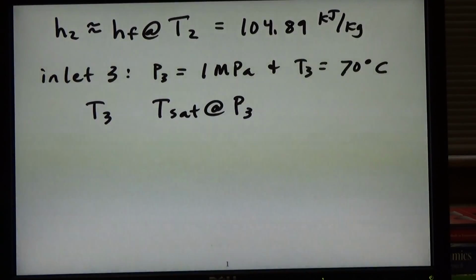So the refrigerant 134A table starts with table A10. And we're looking for the saturation temperature at 1 megapascal, which is 10 bar.